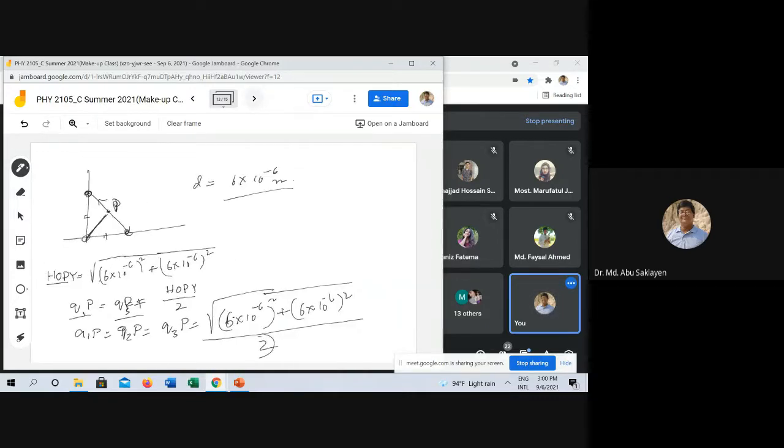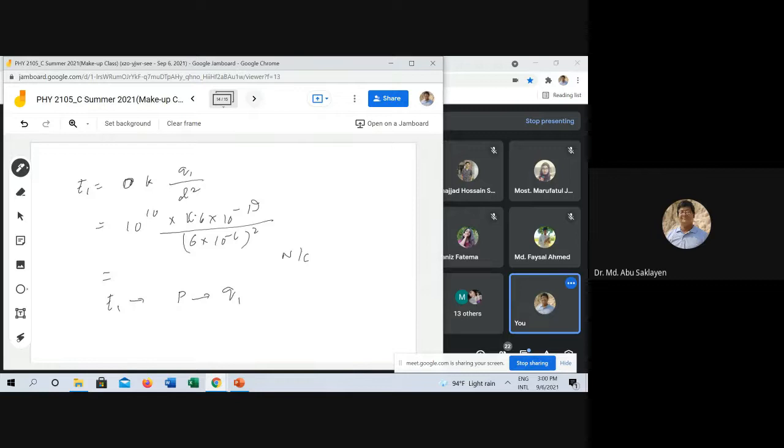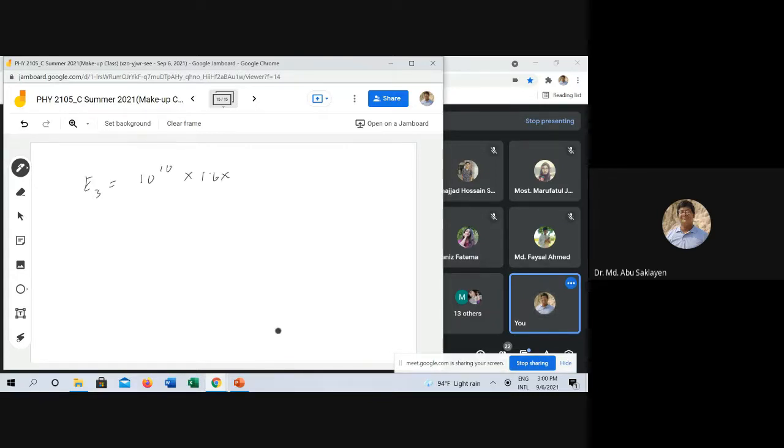So it will be double: 10 to the power 10 into 2 into 1.6 into 10 to the power minus 19 divided by 6 into 10 to the power minus 6 whole square.